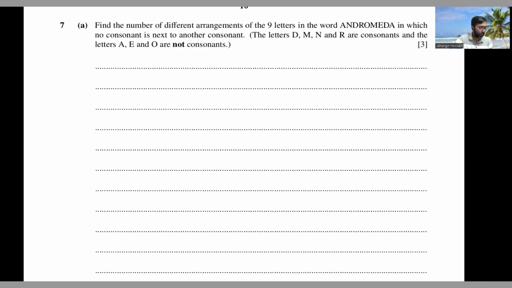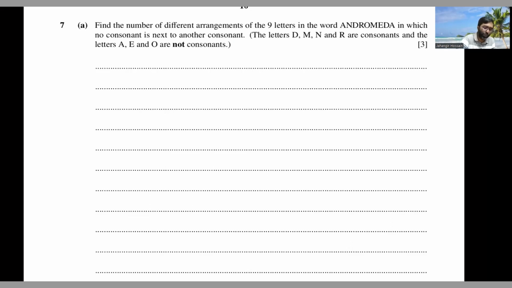Okay, in question 7, you have to find the number of different arrangements of the 9 letters in the word Andromeda in which no consonant is next to another consonant. The letters D, M, N, and R are consonants, and the letters A, E, O are not consonants. Okay, so first of all, there are 9 letters. How many A are there?